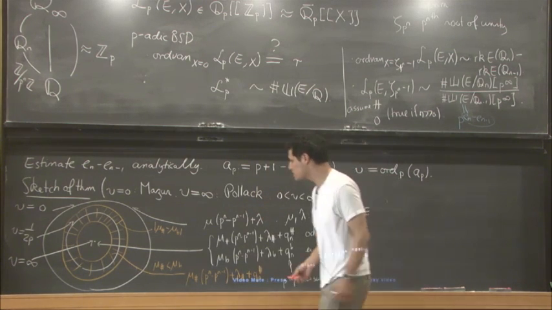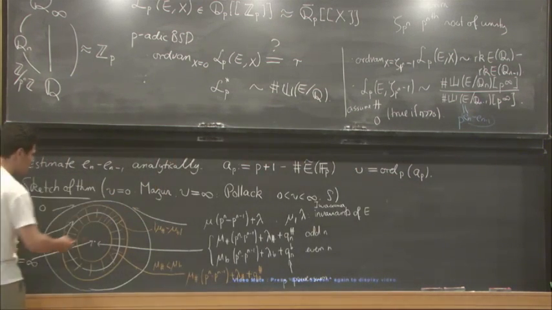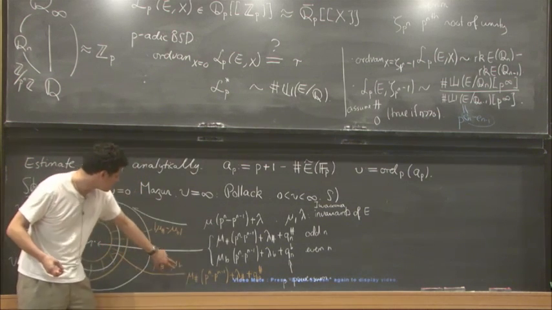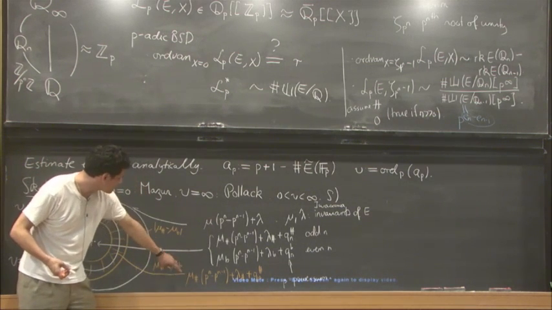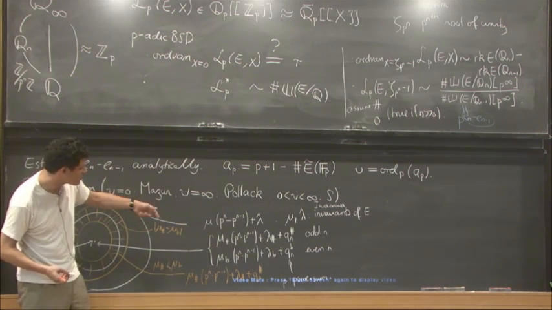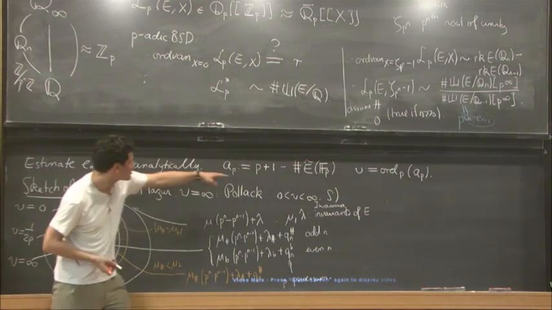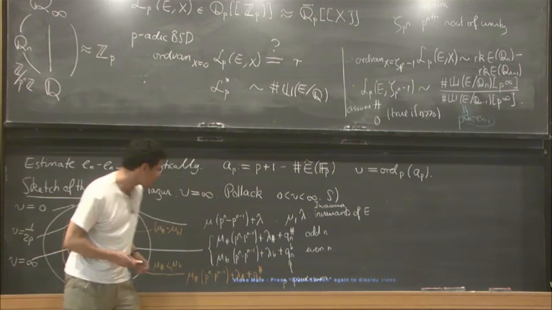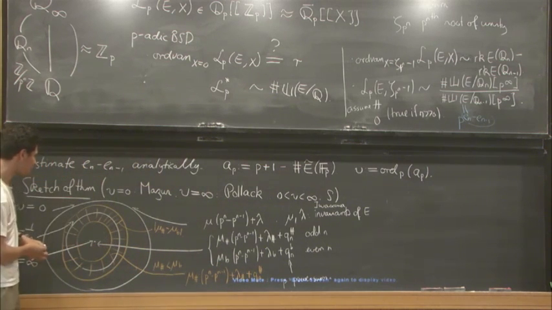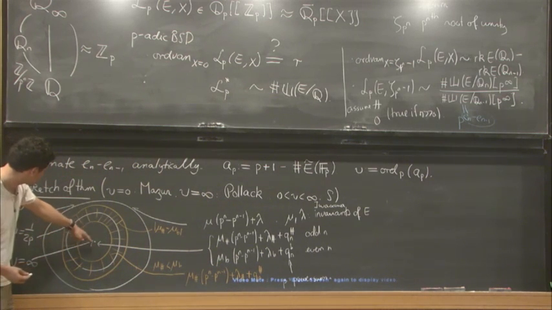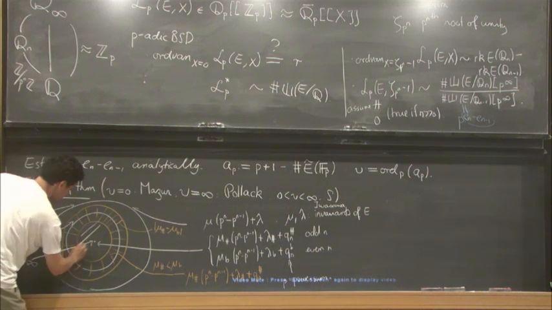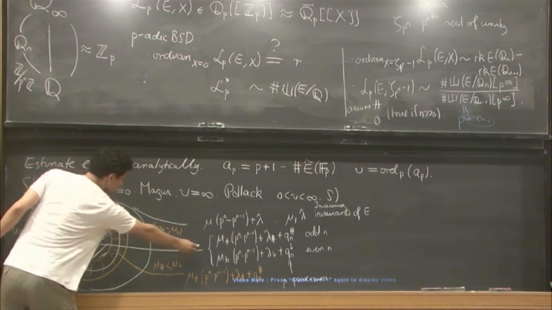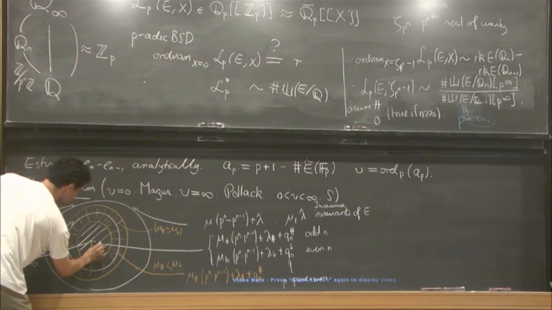So in this case, the growth of Sha looks a little bit like the ordinary case in that there are no pairs of invariants that appear, but it also looks a little bit like the supersingular case where v is greater than 0, because there's this p-power sum in here. And furthermore, if you're inside this disk here, then you always have this growth property.